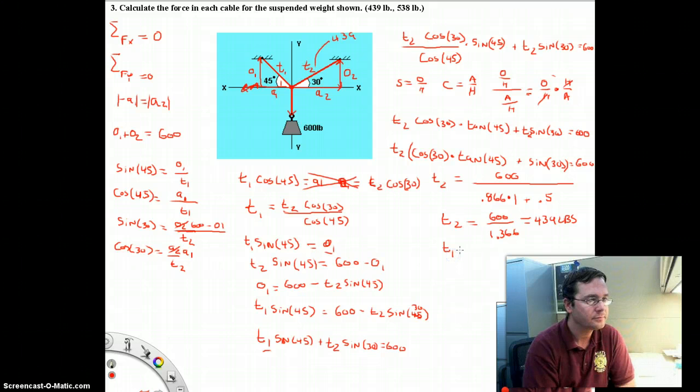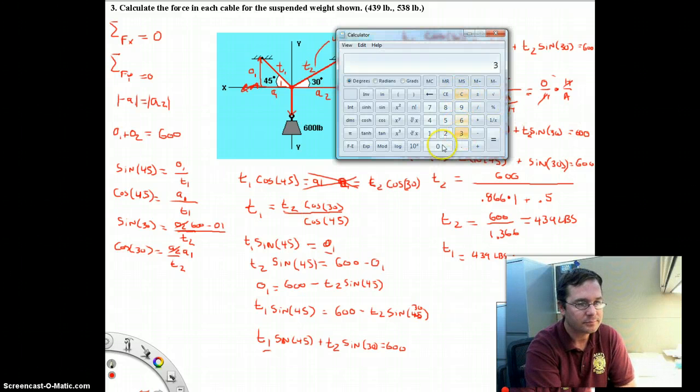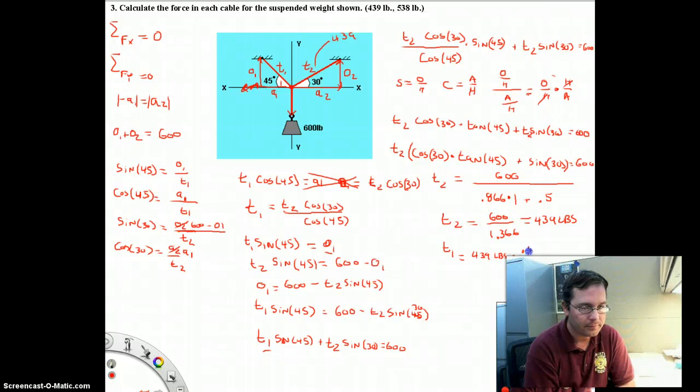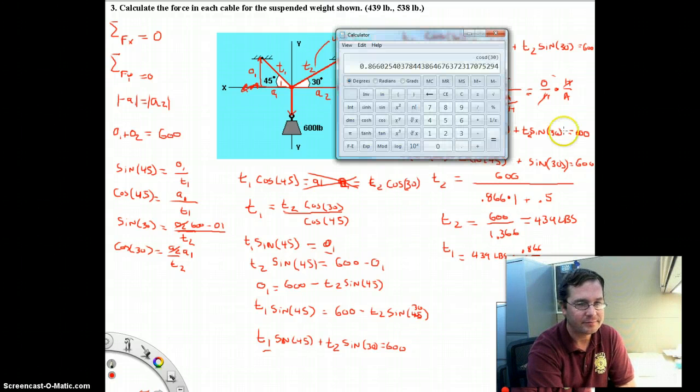T1 equals 439 pounds times cosine of 30, 0.866, divided by the cosine of 45, which is 0.707.